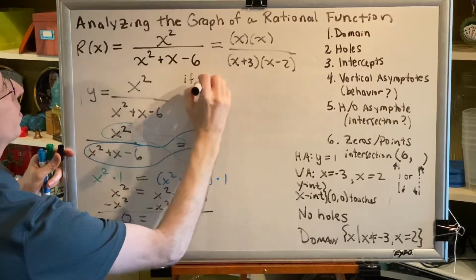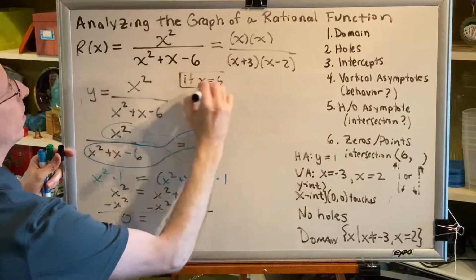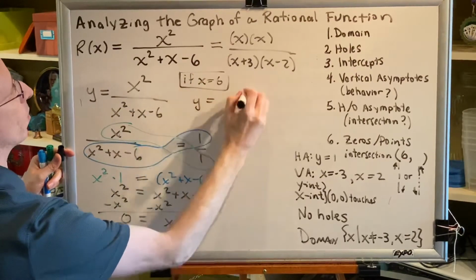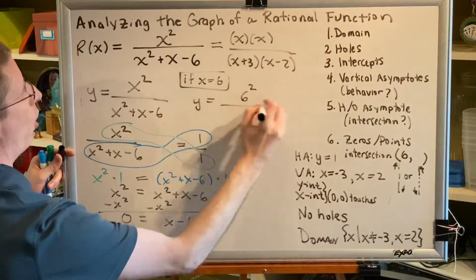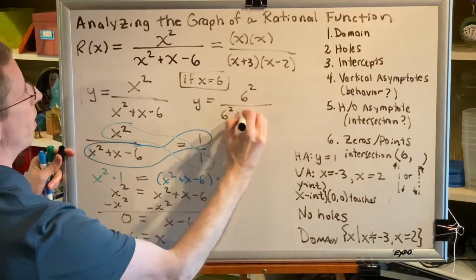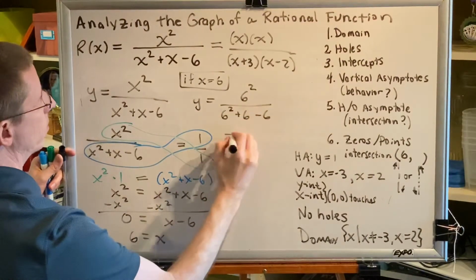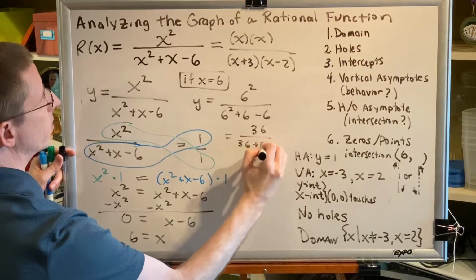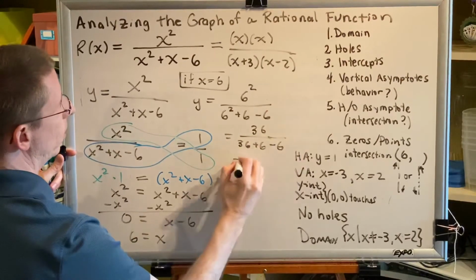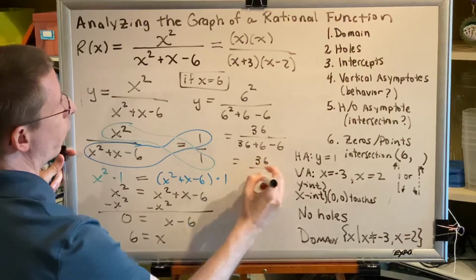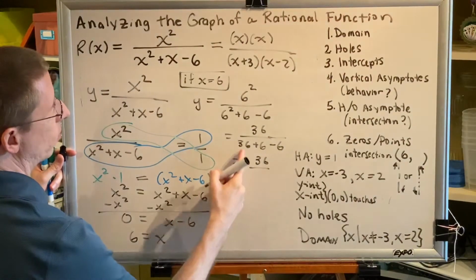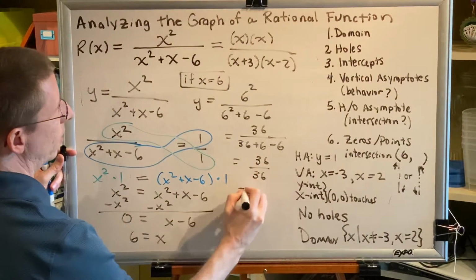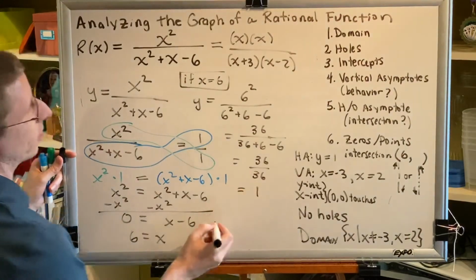If x was equal to 6, then we would have y equals 6 squared over 6 squared plus 6 minus 6, which is 36 over 36 plus 6 minus 6, which is 36 over... plus 6 minus 6 cancel, so my denominator is 36, and 36 divided by 36 is 1.